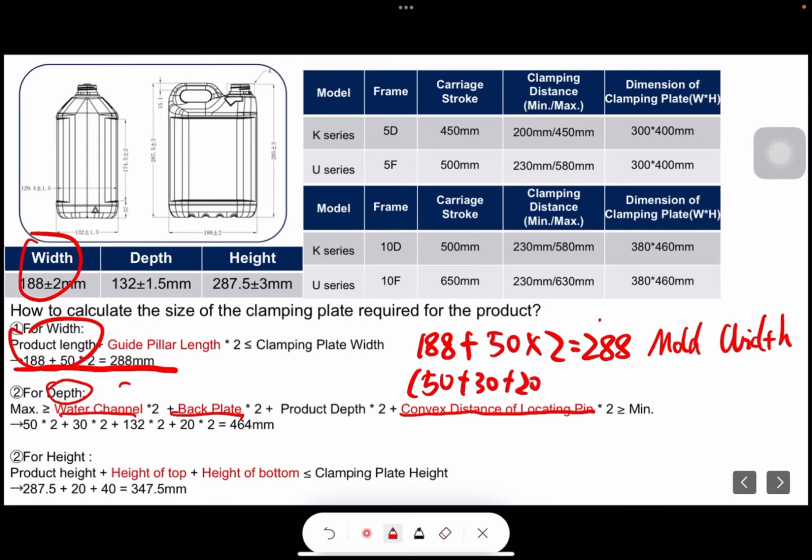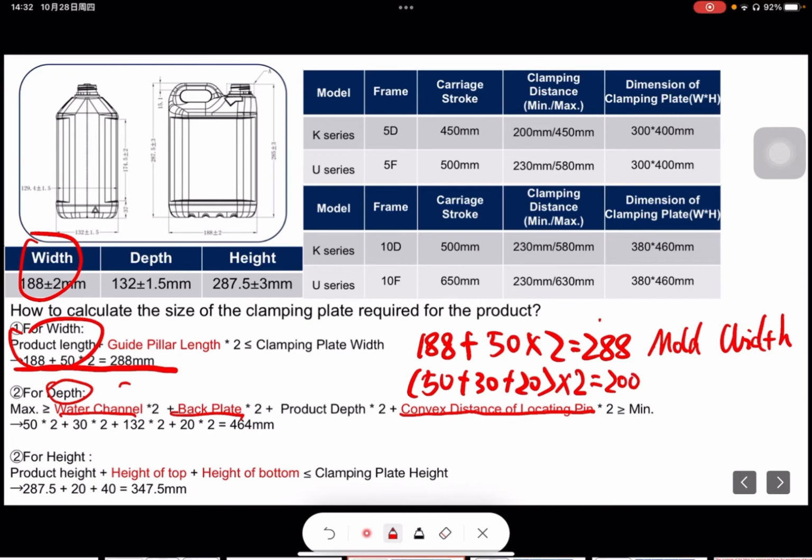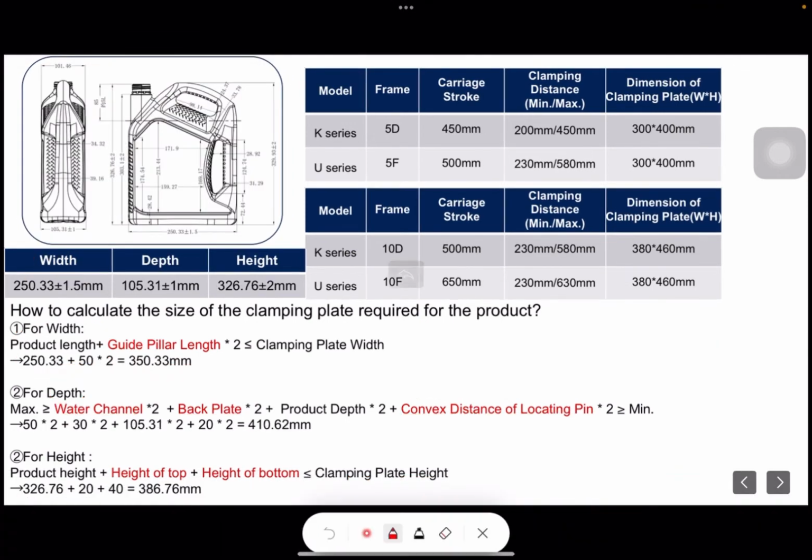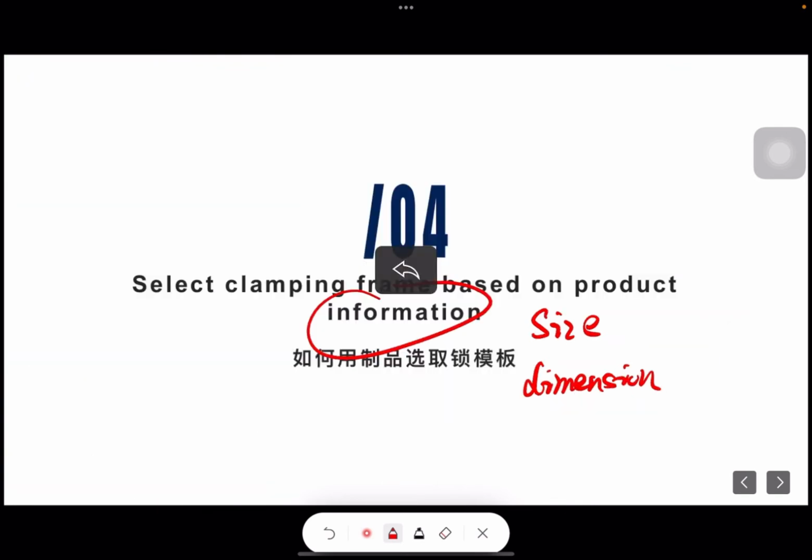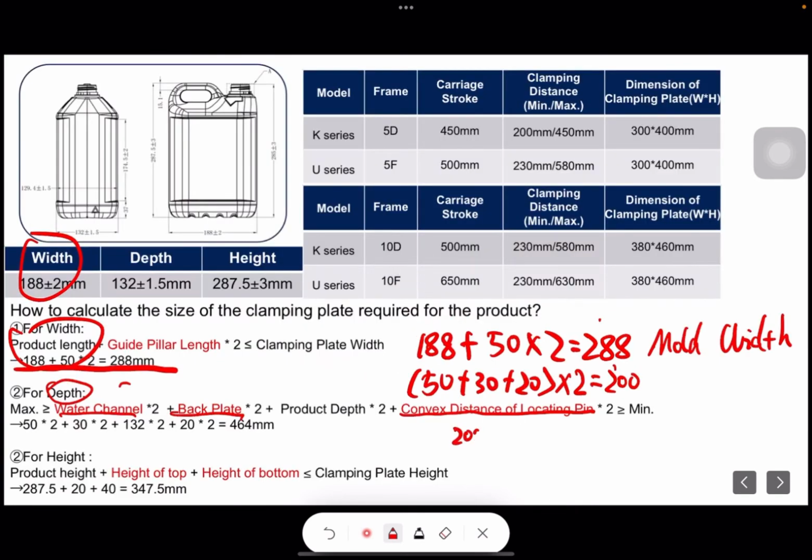They are on both sides, so 2 times, which makes 200. 200 plus the product depth 132, 2 times 132, which should make 466. This is the mold depth.